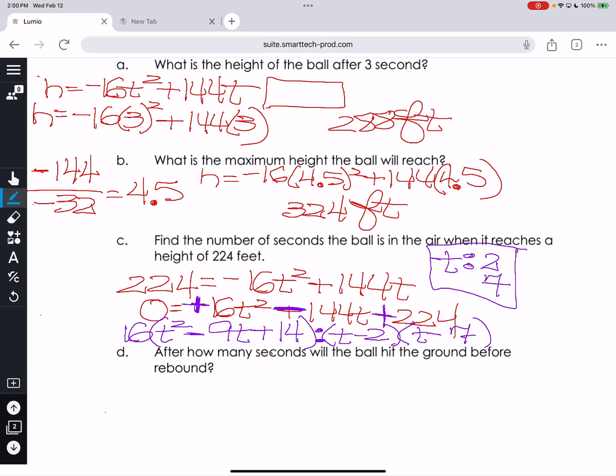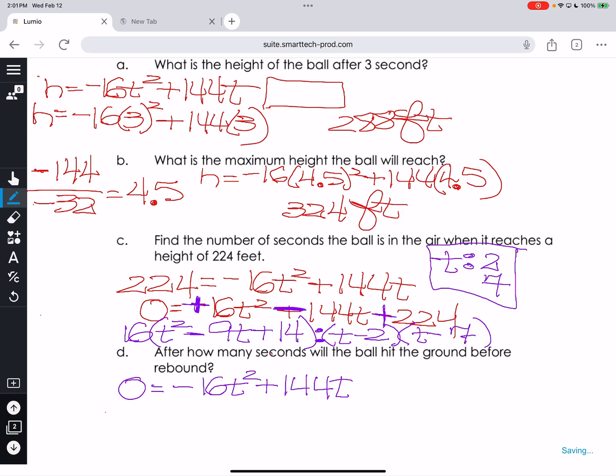So we're going to take our equation and solve it. Instead of H, what are we going to make it equal? 0. So 0 equals negative 16t squared plus 144t.